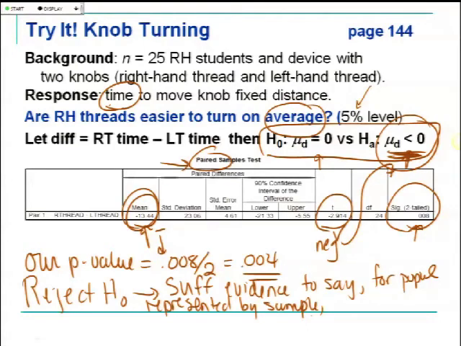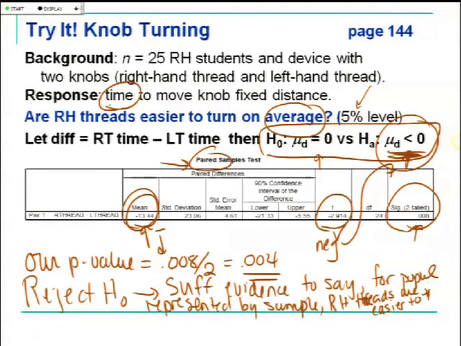Well, just go back up to the question, the way it was asked. Maybe you have to tweak that a little bit because sometimes the question just says, are right thread knobs easier? Well, we mean easier on average. It has to be about a mean. So represented by the sample, we have sufficient evidence to say that the right hand threads are easier to turn on average.